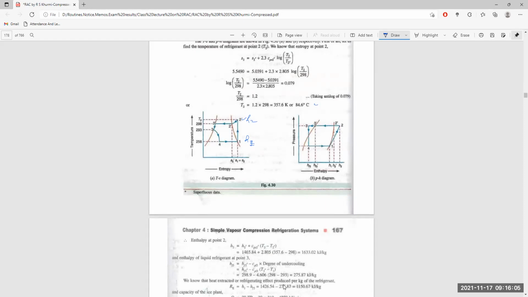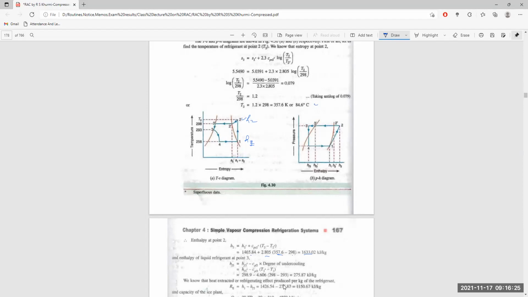So H2 will be H2 dash plus Cp2. We put all these values here because we have calculated them, and the specific enthalpy at point 2 is 633.02 kilojoule per kg.